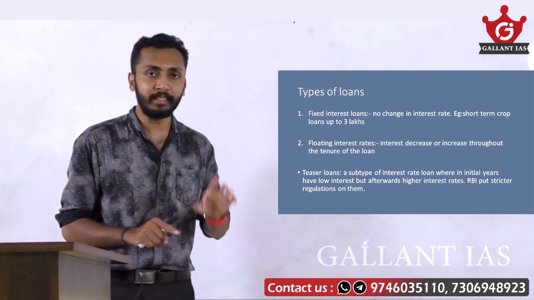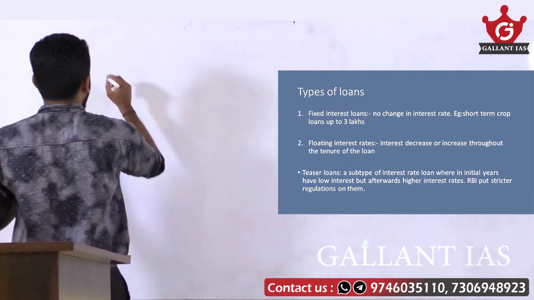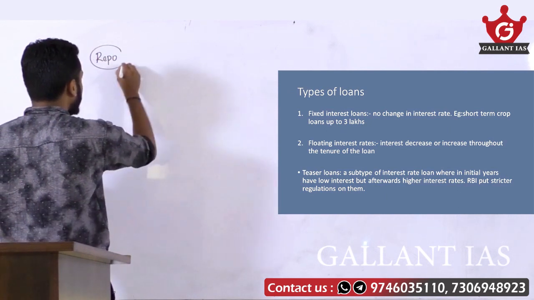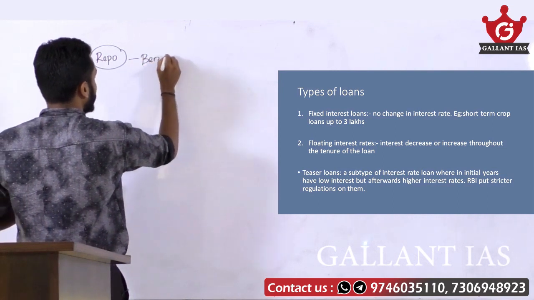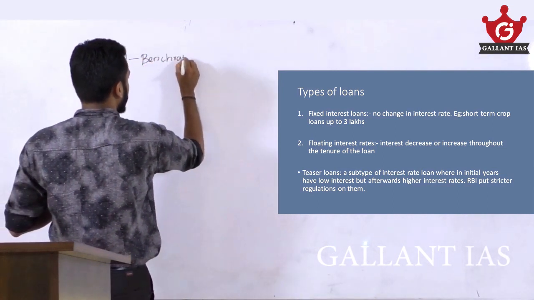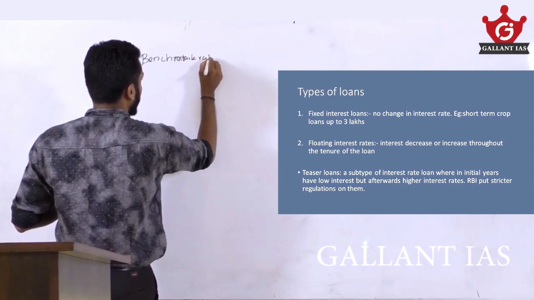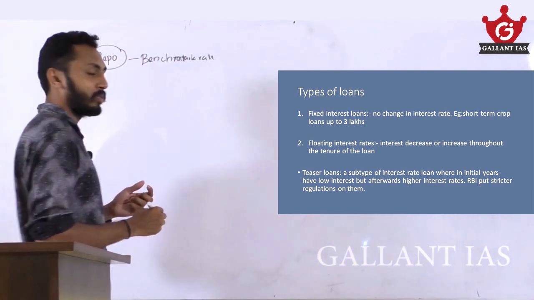Monetary policy decides the benchmark rate in the country, that is the repo rate and reverse repo rate. So based on this repo rate, that is the benchmark rate, banks decide the interest rate of their loans.